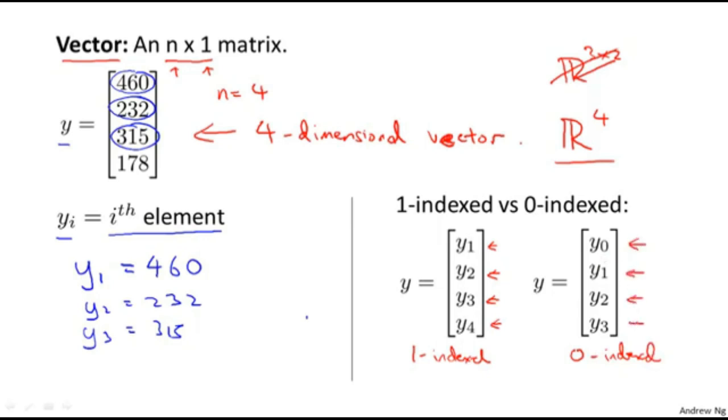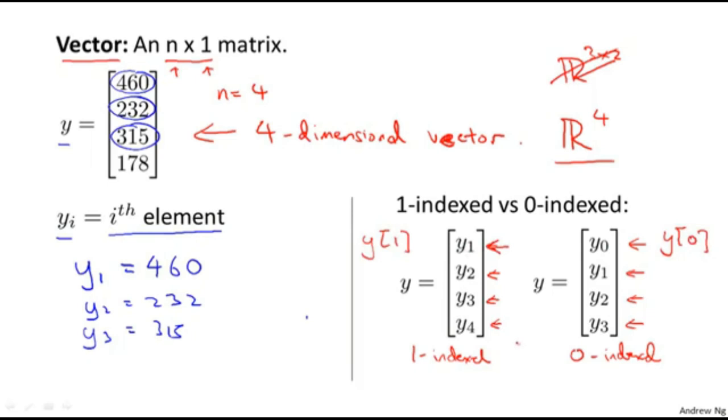So the elements go from y0 up to y3. This is a little bit like the arrays of some programming languages, where arrays can either be indexed starting from 1, so the first element of an array is sometimes y1, in a kind of C++ notation, I guess, and sometimes 0-indexed, depending on what programming language you use.